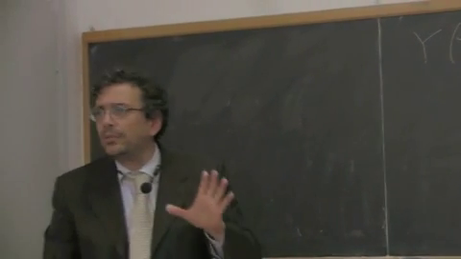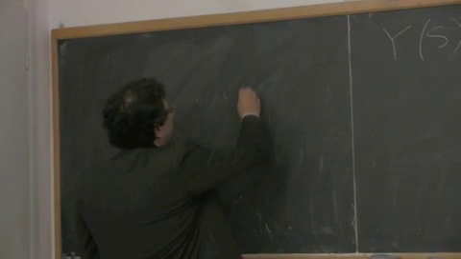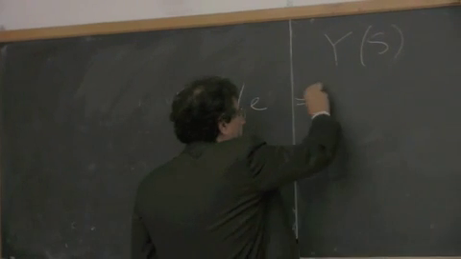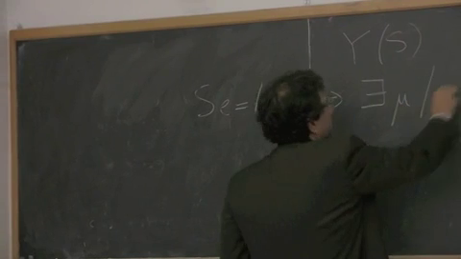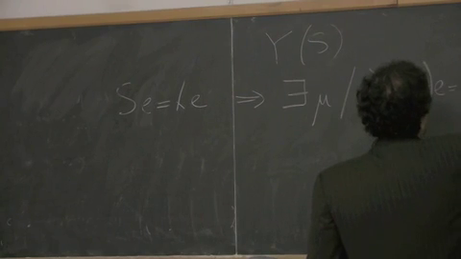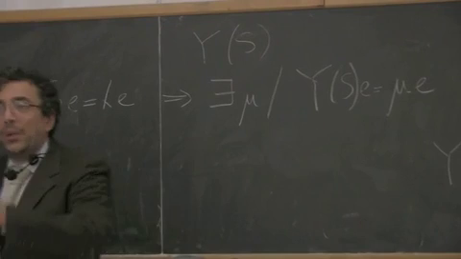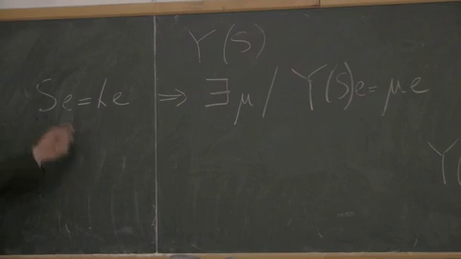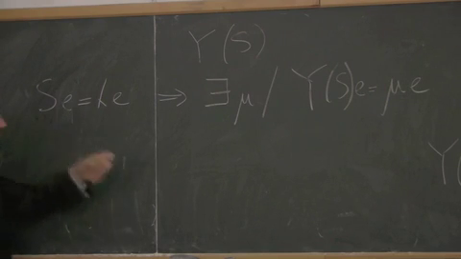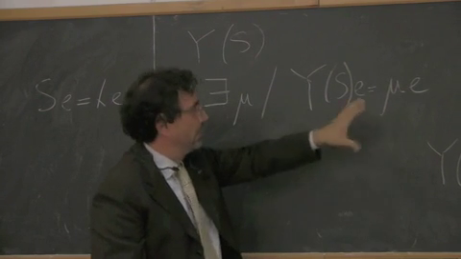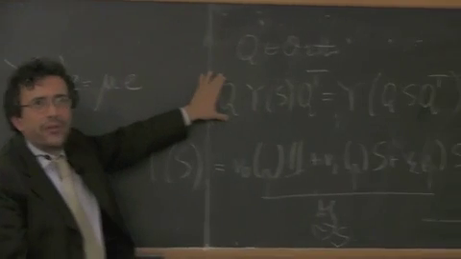Now I need to recall something. We have proven in the previous lecture that an eigenvector of S is an eigenvector of Y of S once you have accepted that Y of S is isotropic.